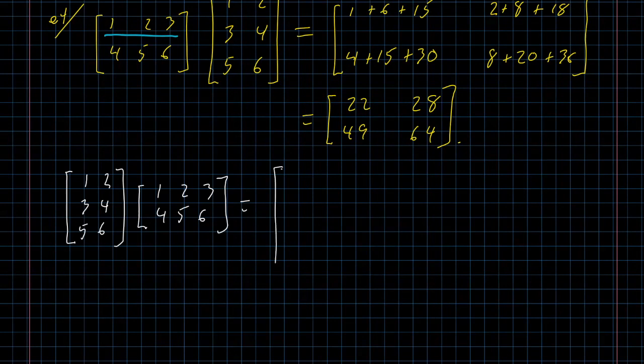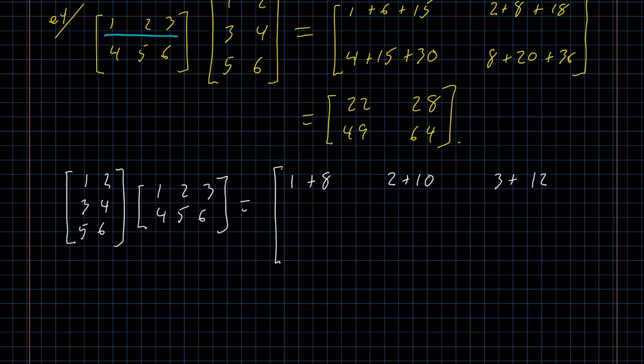Because in this case, if I multiply the first row dot the first column, 1 times 1 is 1, 2 times 4 is 8. Now, first row dot with second column, 1 times 2 is 2, 2 times 5 is 10. And then the first row dot with the third column, 1 times 3 is 3, 2 times 6 is 12.